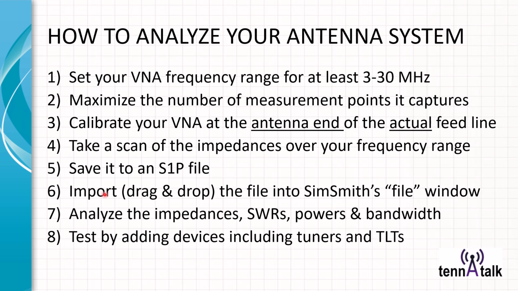Import it into your computer, drag and drop it into the file window of SimSmith, and analyze the impedances, SWRs, powers, and bandwidths. You can test it by adding devices like tuners, transmission line transformers, and reactances like inductive and capacitive reactances.